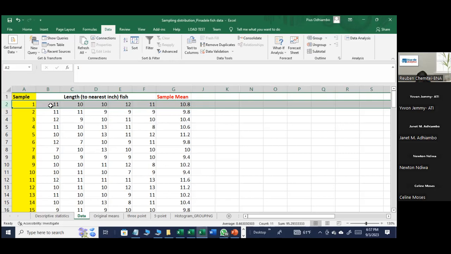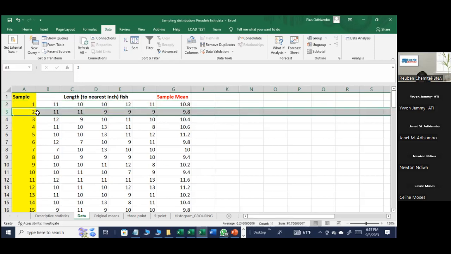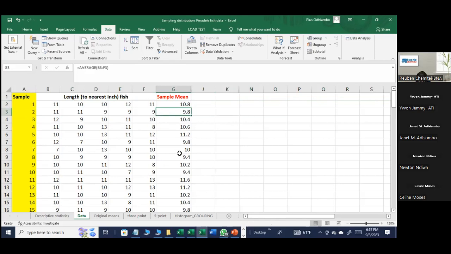And you can see the data is here. Then this one is the second child picking 5 fish again and then getting the mean. So we want to represent this means into a box plot.